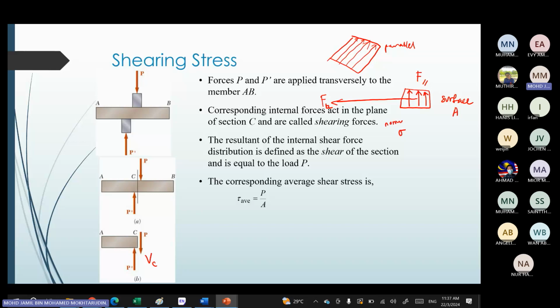Normal stress is simply the perpendicular force divided by the surface area.